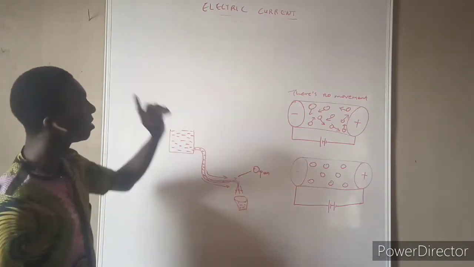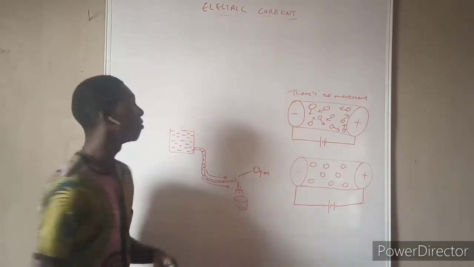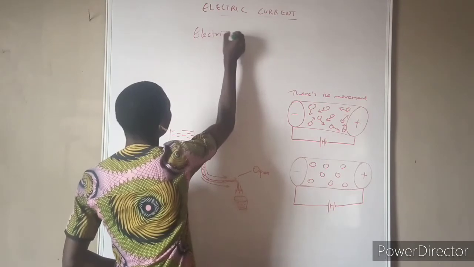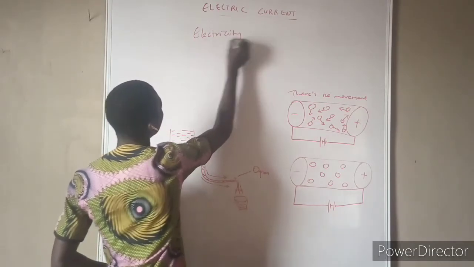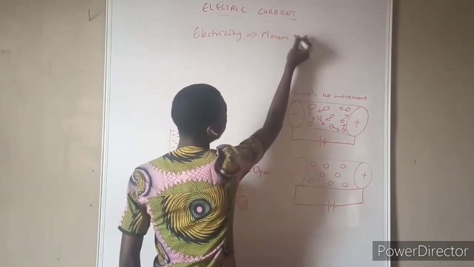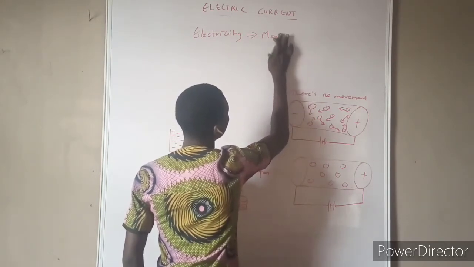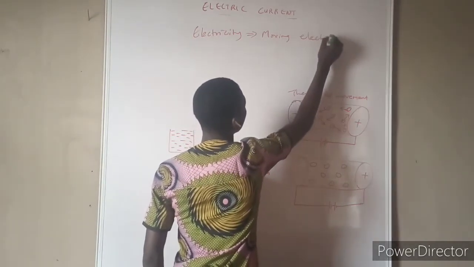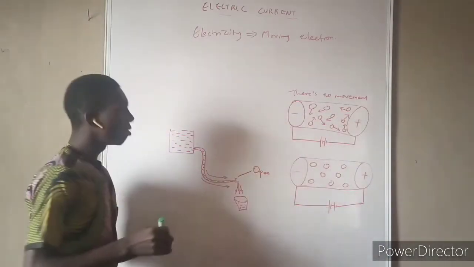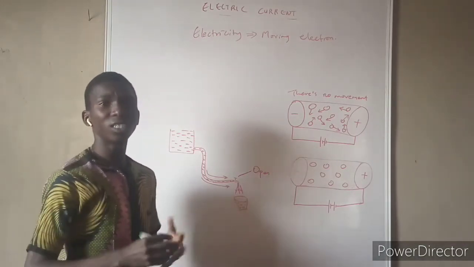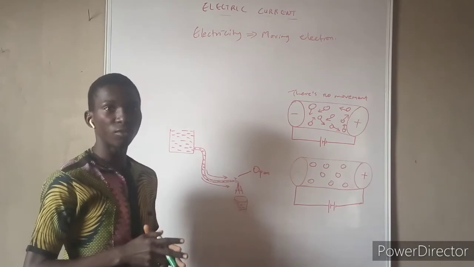Now, electricity is actually derived from the movement of electrons. Electricity is derived from what? From moving electrons. Now, every conductor has a chemistry basis for its conductance.